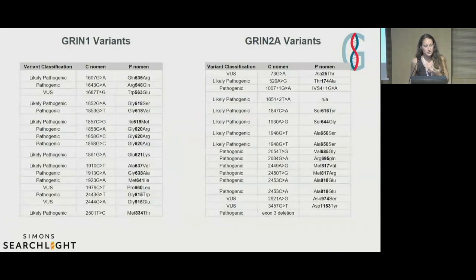For Simon's Searchlight, we have four of the GRINs on our genetic registry right now: GRIN1, GRIN2A, GRIN2B, and GRIN2D. This is not our most updated list. Feel free to take a photo. This is what we're finding, and we're including the variant classification for all of these. For GRIN2D, we only have four genetic lab reports, and we need at least five for a data release.